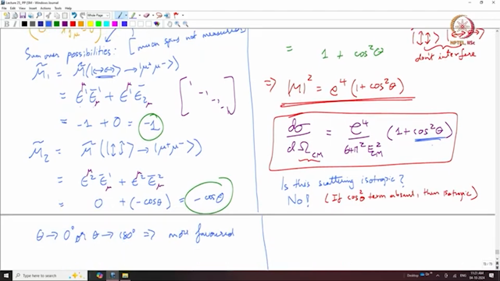This function 1 plus cos square theta as a function of theta gets to its maximum when theta is either 0 or 180 degrees, correct? If it's 0, cos theta is 1. If it's 180 degrees, cos theta is minus 1, but cos square is plus 1. So that's exactly where 1 plus cos square theta gets the maximum value, right? You can actually even plot this and see, right? So, if I take theta to be 90 degrees, that's when cos theta vanishes, and the cross section is the least.